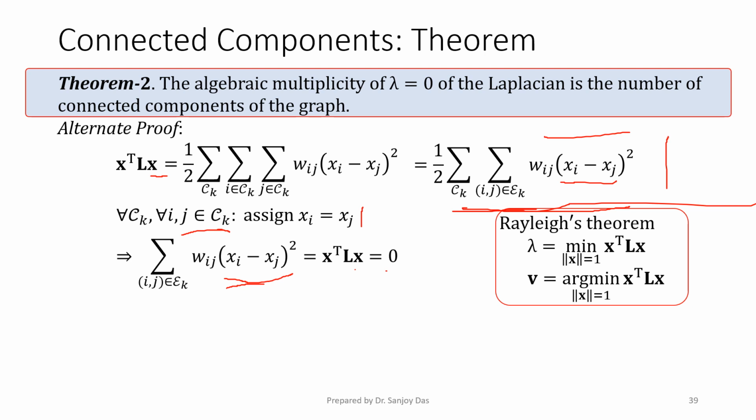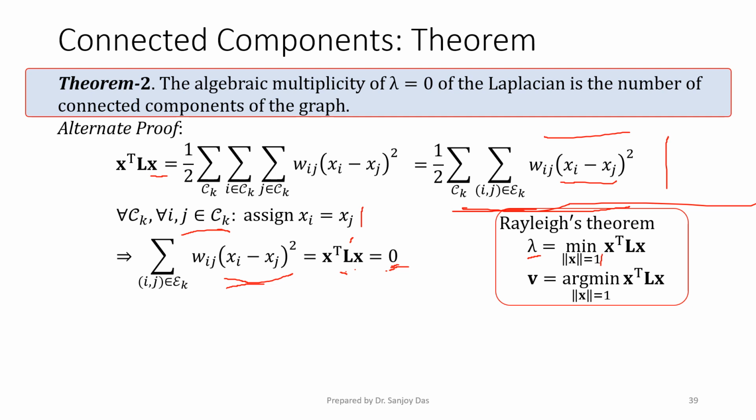Now, we invoke Rayleigh's theorem. What Rayleigh's theorem says is that 0 is an eigenvalue and x is an eigenvector, but of course we have to normalize x. Why is this an eigenvalue? Because L is positive semi-definite, so x transpose Lx cannot acquire negative values, so the minimum of x transpose Lx must be equal to 0.